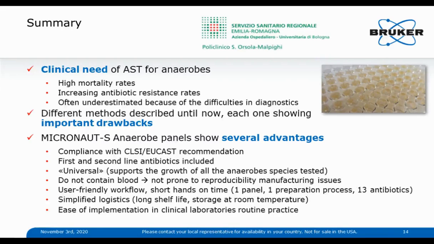Different methods have been described up to now and are commercially available, but each one of them shows some important drawbacks that hamper their large-scale implementation in clinical microbiology labs.